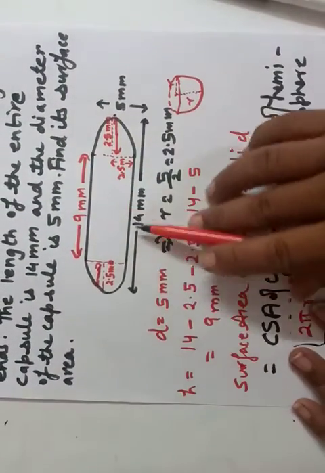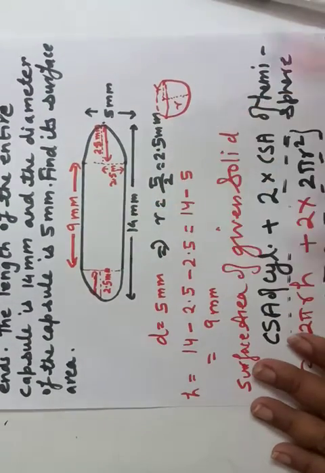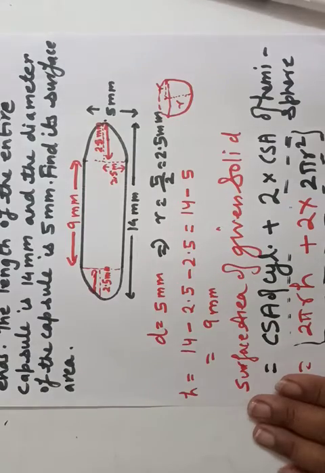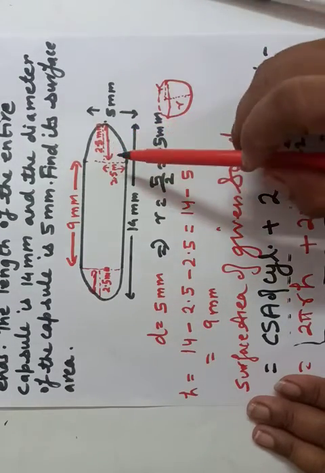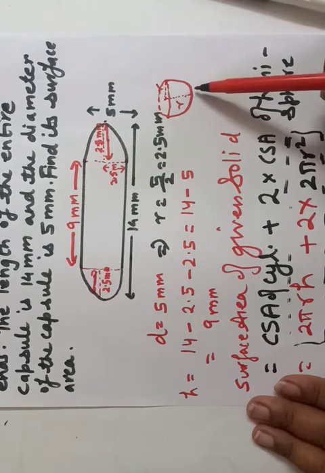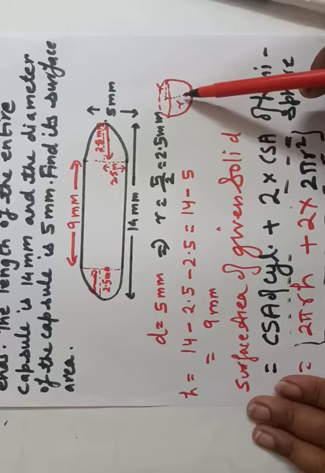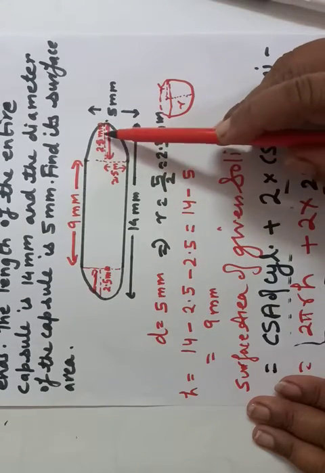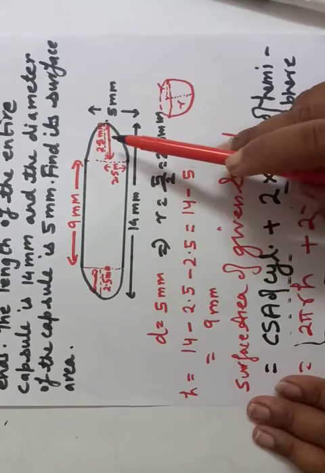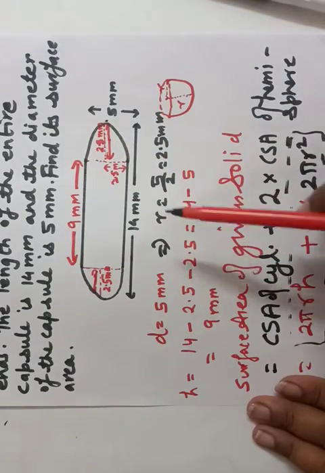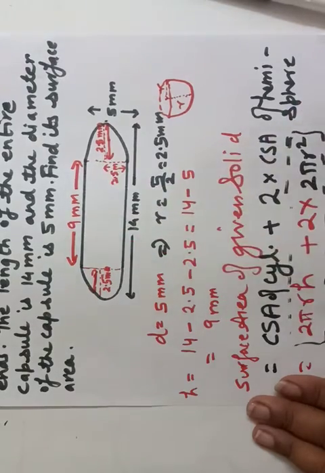Here this is the cylinder shape, and the ends are of hemisphere shape. So we have to find the surface area of the solid. Since the diameter is given as 5 mm, the radius will be 2.5, and the radius is always equal to the height of the hemisphere also. So this length is also 2.5, and this one too. So by subtracting 14 minus 2.5 minus 2.5, we get 9 mm for the height of the cylinder.